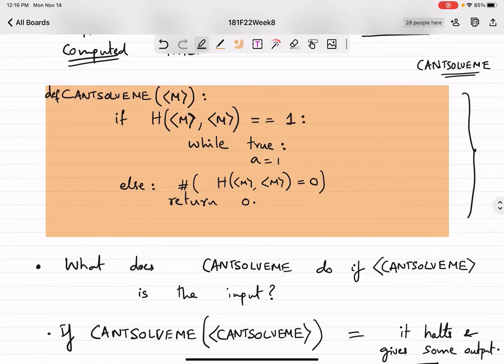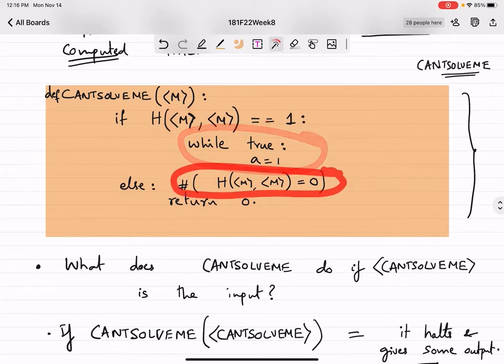So here we're running M on M. That's one level of description, using the program and itself again, right? But then we're also looking at what happens if I run can't solve me on can't solve me. So when it enters here, it's asking, does can't solve me halt on can't solve me? If it does, you go here, otherwise you go here. So there are two levels of self-reference which we are exploiting.